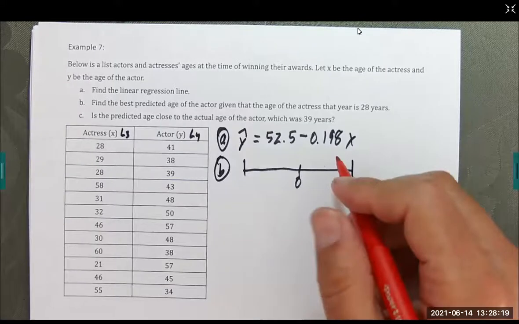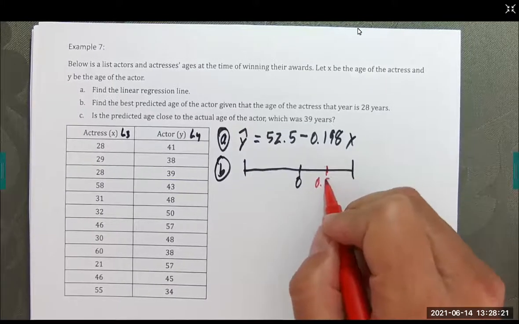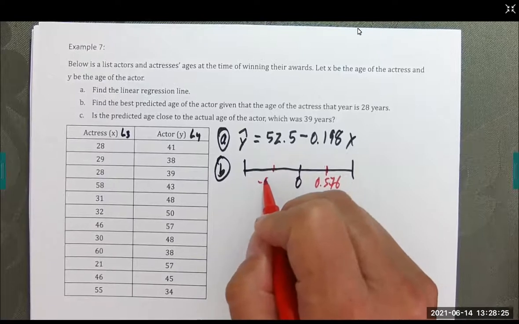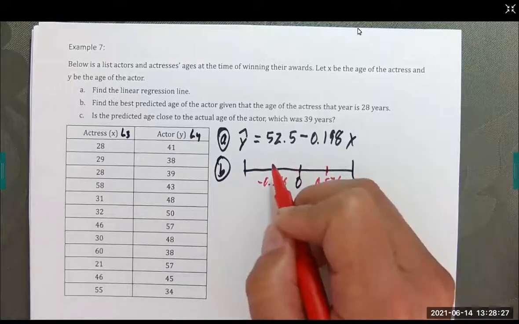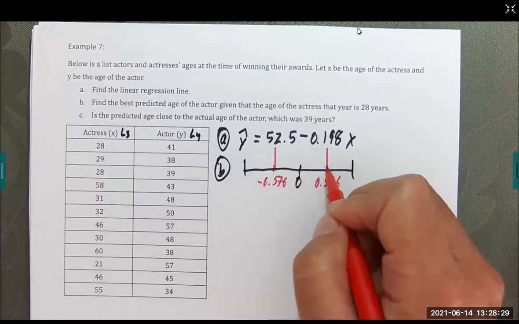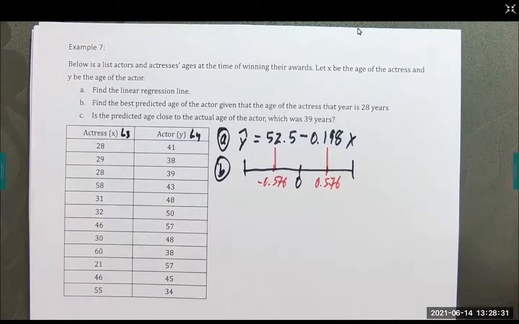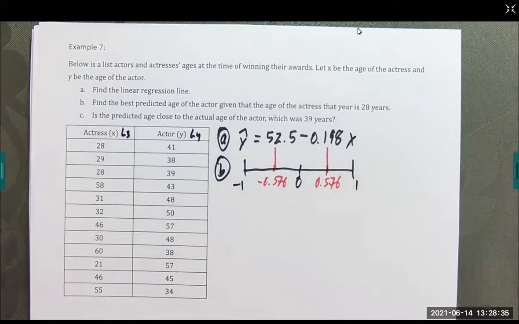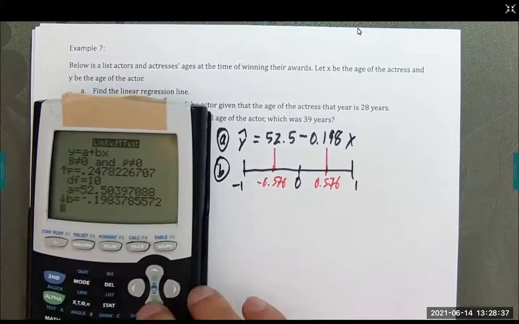So the critical values are 0.576 and negative 0.576. All right. And let's see what R is.